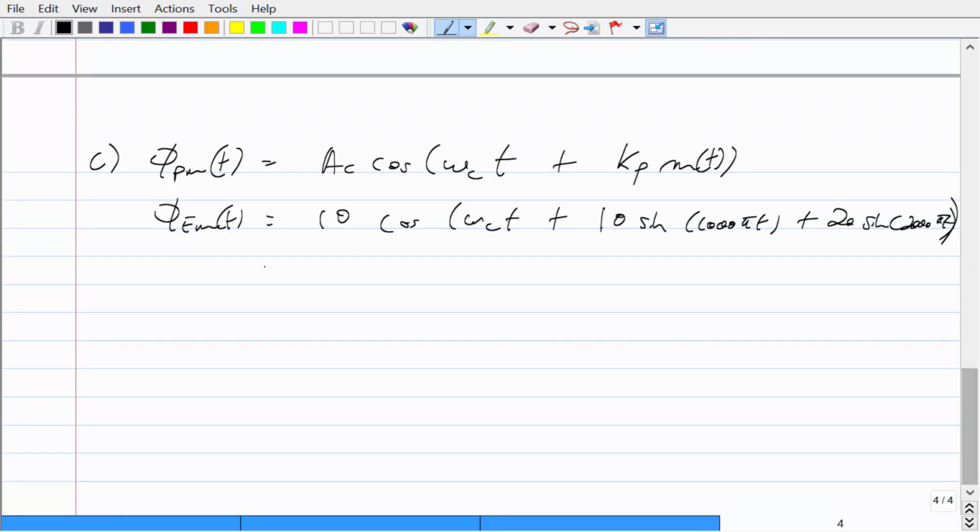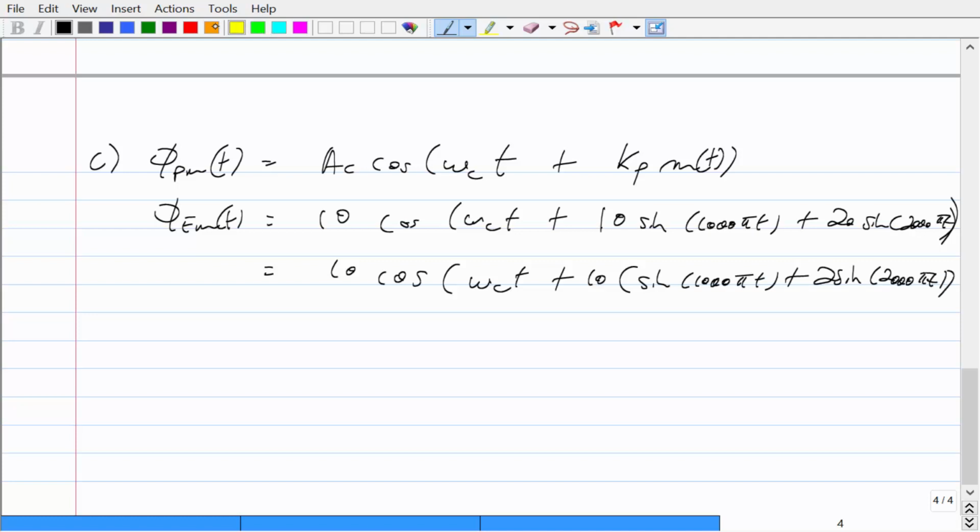Okay, so what I'll do is I'll factor out that 10, because there's a constant that is associated with the message, so I'll have 10, and then sine of 1,000 pi t plus 2 sine 2,000 pi t. Okay, so this here is your KP, and then this here is your message now.